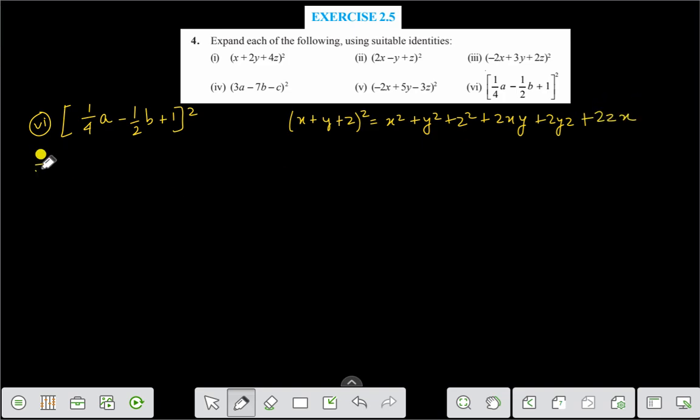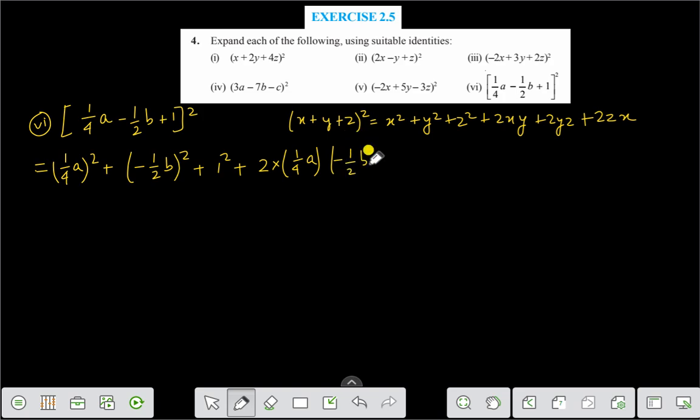So we are getting 1 by 4a whole square plus minus 1 by 2b whole square plus 1 square, plus 2xy, plus 2 into x is 1 by 4a into y minus 1 by 2b, plus 2yz, minus 1 by 2b, z is 1, plus 2zx, 2, z is 1 and x is 1 by 4a.